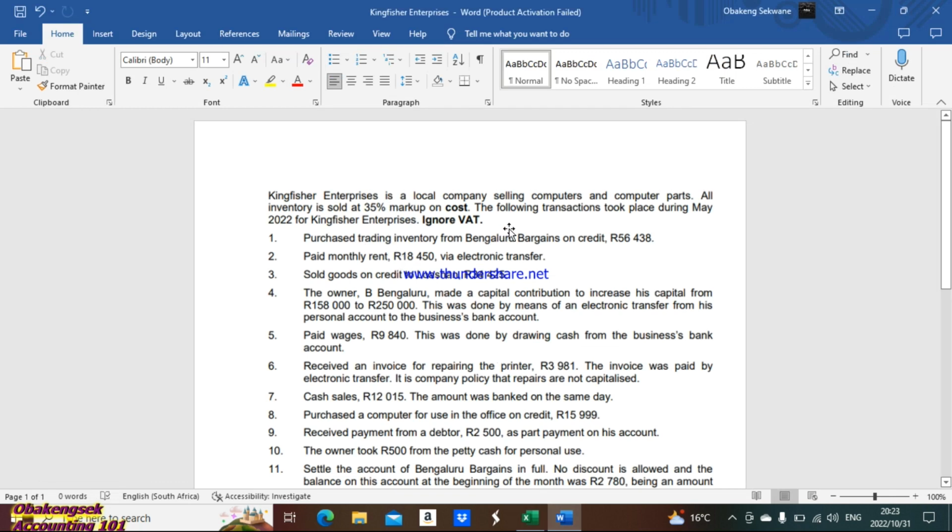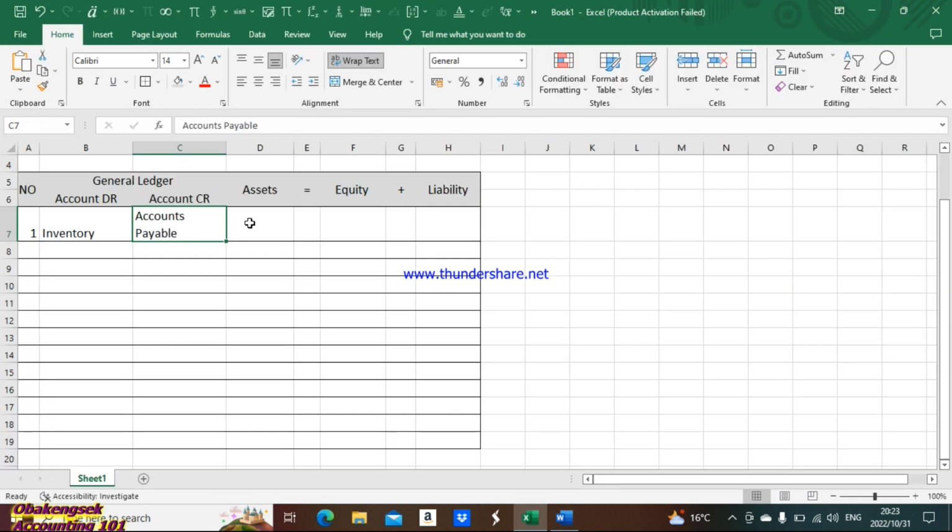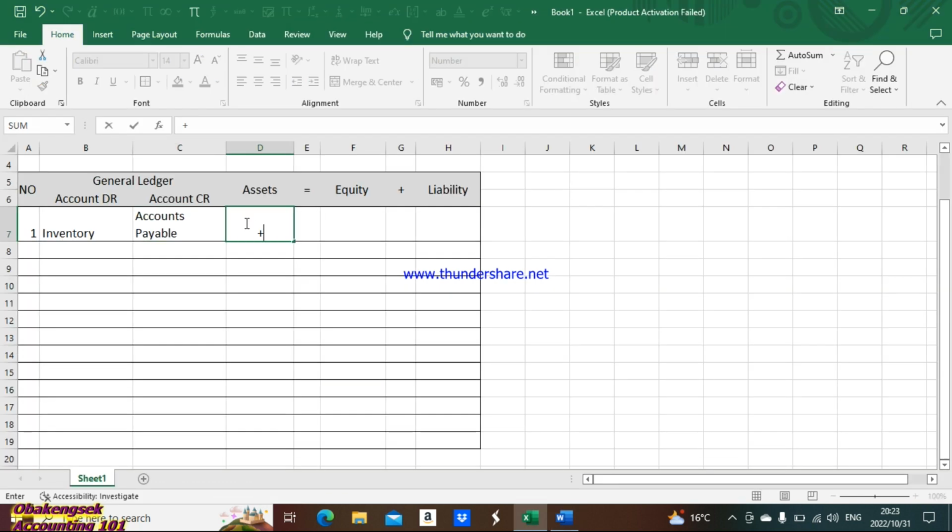So we purchased trading inventory on credit, meaning that our trading inventory is going to increase. So in our assets, inventories, we're going to say plus 56,438.